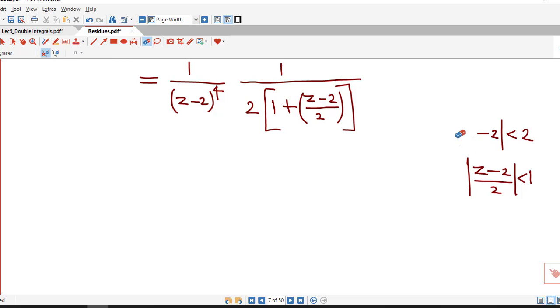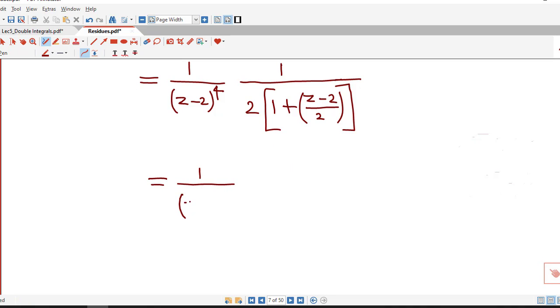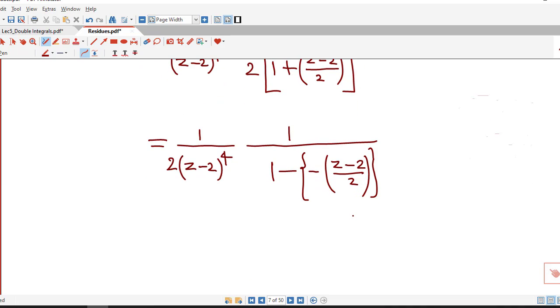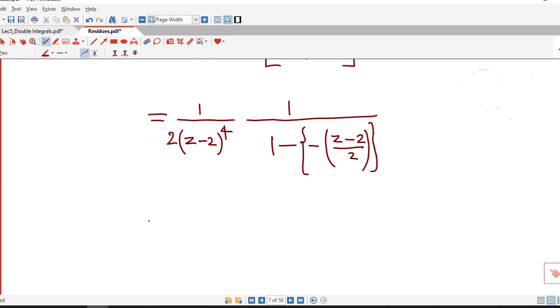Because we want to use the standard Maclaurin series of 1 over 1 minus z, we are writing our function in this way. Again we take the 2 out, and this we can rewrite as 1 minus of negative (z - 2)/2. So now we are able to expand this using the standard Maclaurin series.